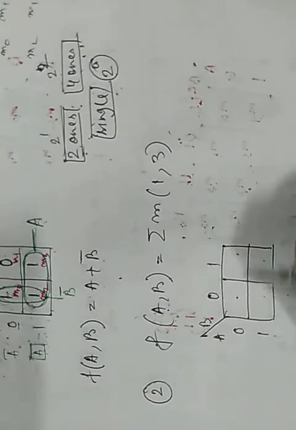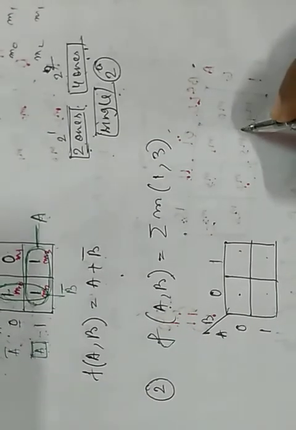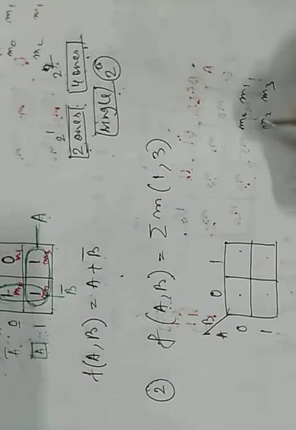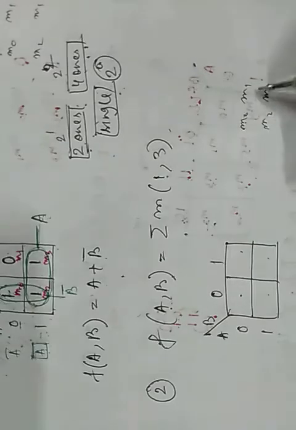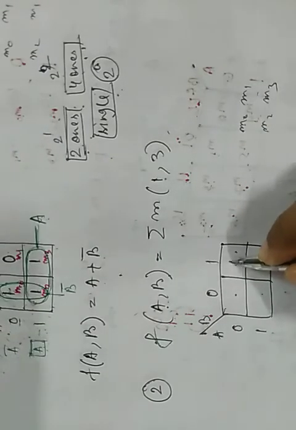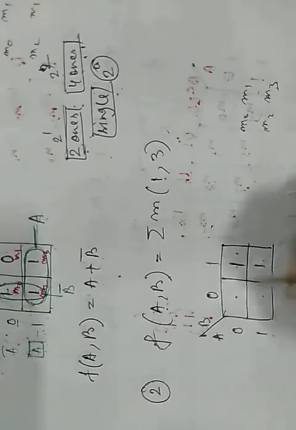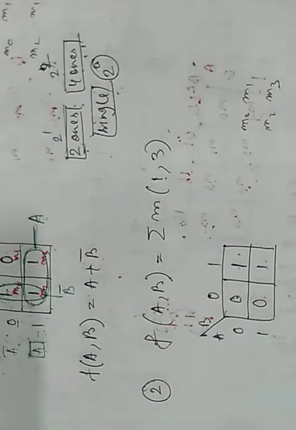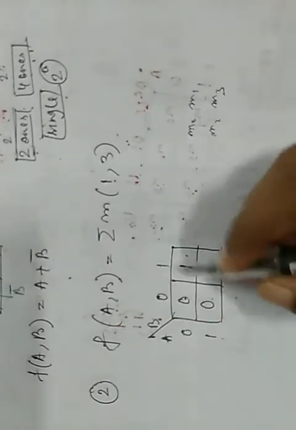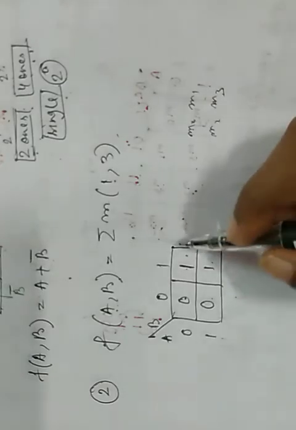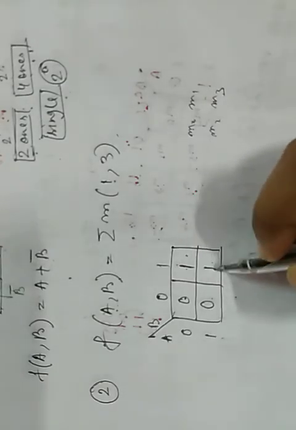If you don't write M0, M1 here, write them for your understanding. So 1 means this value, so 1 should be there, and 3 means this value, so 1 should be there, and the others are 0. Now we combine the 1s in a circle of either 2, 4 or 8 ones. Here there are 2 ones, so we can combine them.